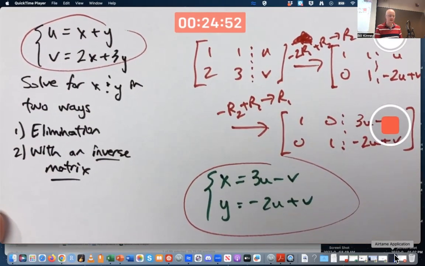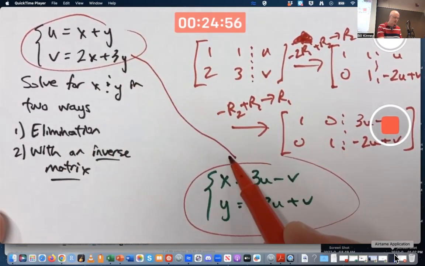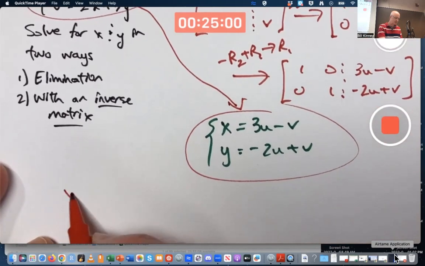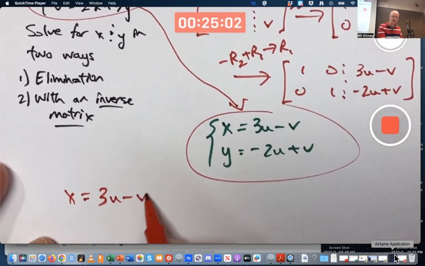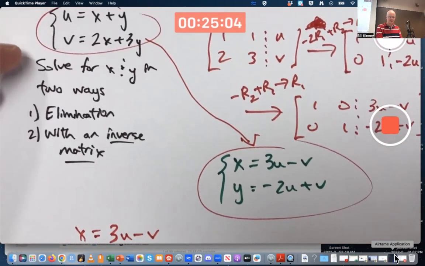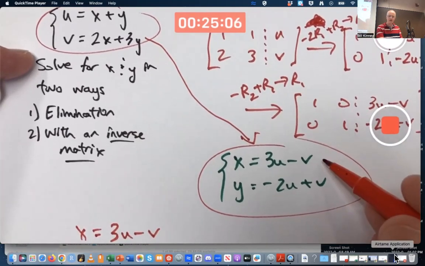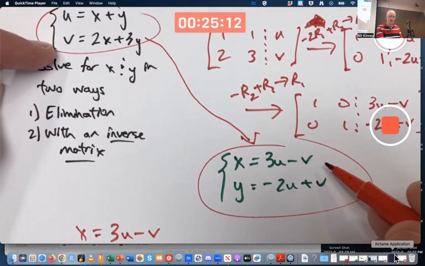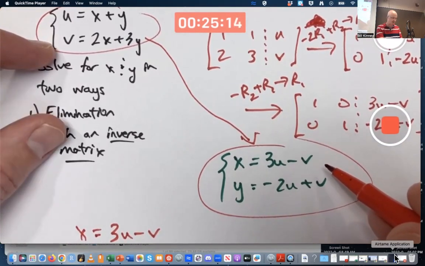Let's see what happens. Let me take these two equations and substitute into here. If x is 3u minus v, right here, and I take u and replace it with x plus y, and v and replace it with 2x plus 3y, what happens?